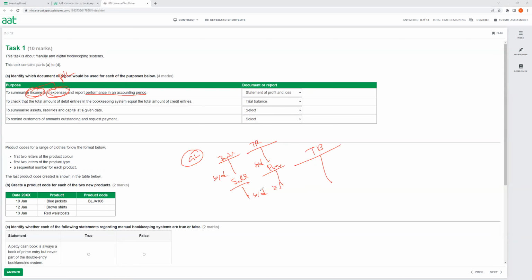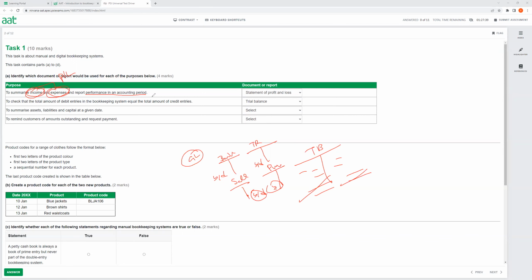And once we transfer all these balances, then the debit side of my trial balance should equal the credit side. So if it is matched, then we understand the double entry has taken place correctly. So this is the thing we have to remember.